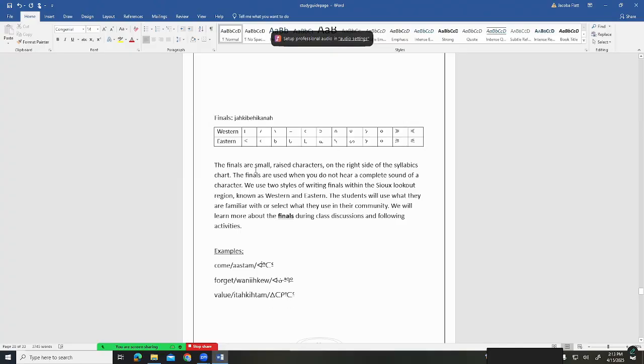The finals are the small raised characters on the right hand of the syllabics chart. The finals are used when you do not hear a complete sound of a character. There are two writing finals within the Sulacode region known as Western and Eastern.